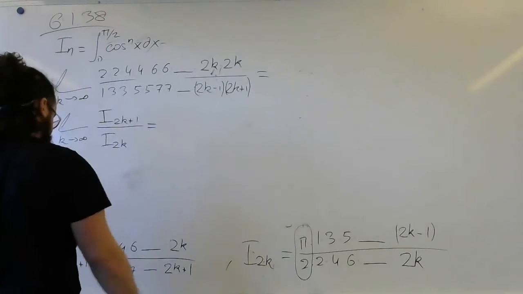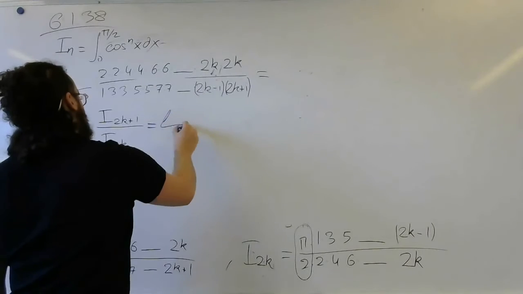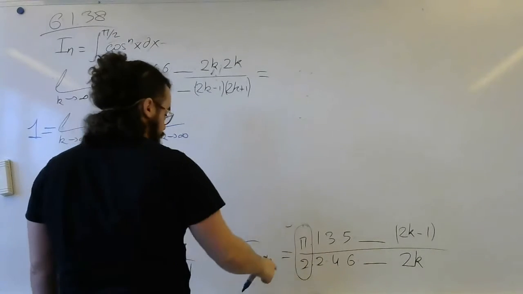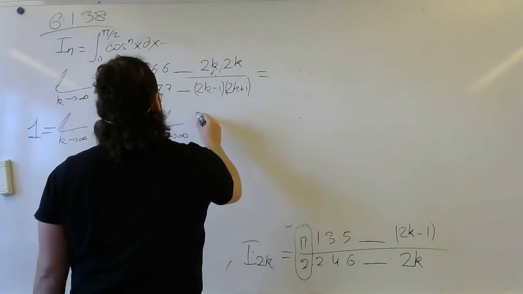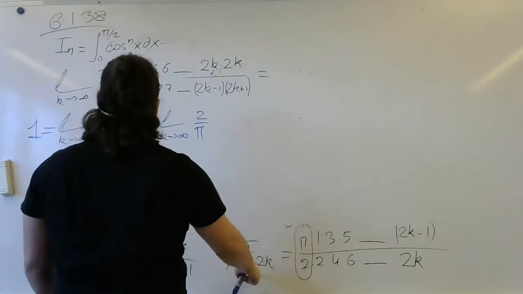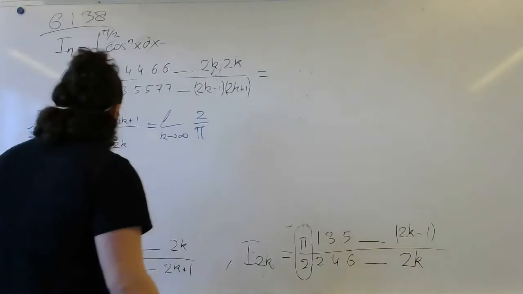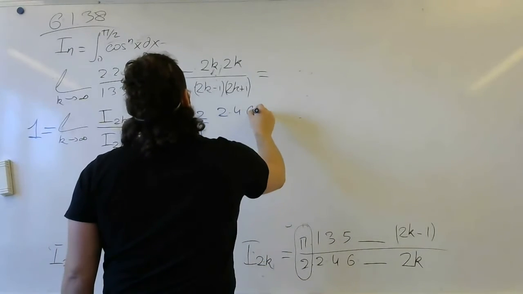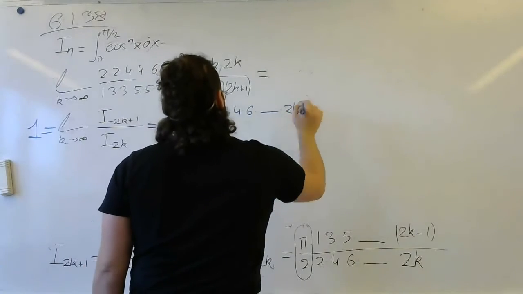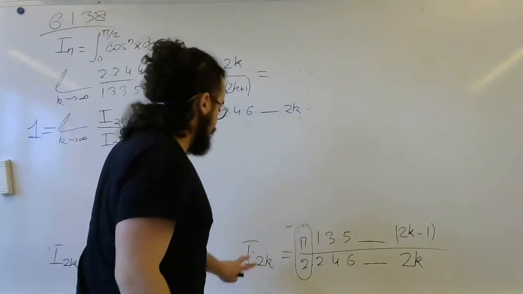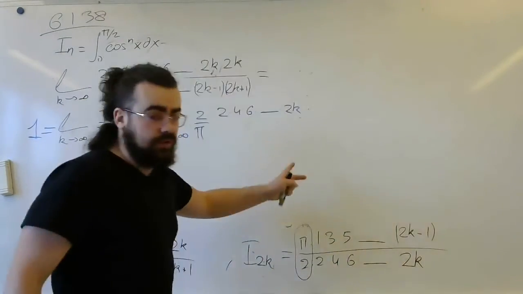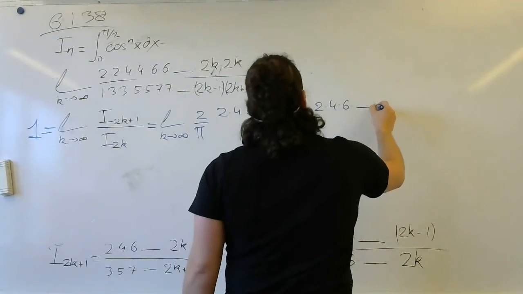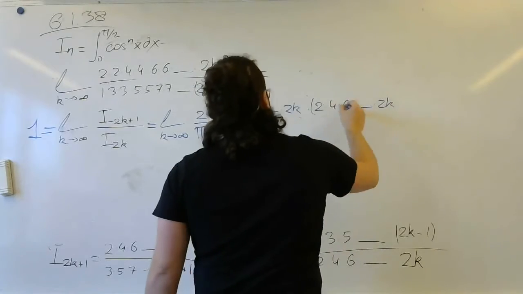On the other part, this is the limit when k tends to infinity of, I'm going to separate this thing because it's dividing. Now let's write the numerators first: 2, 4, 6, all the way to 2k. And here, since it's dividing, this thing will go to the numerator and the other thing will go to the denominator. So 2, 4, 6, all the way to 2k.